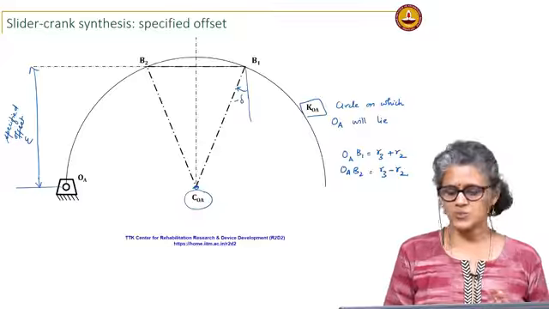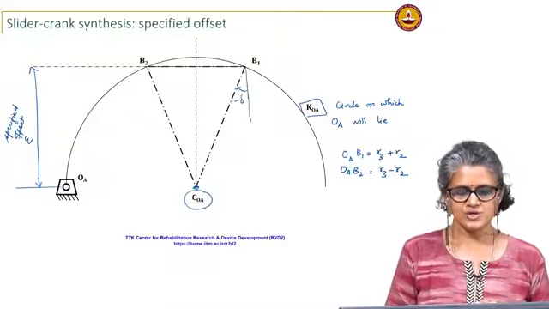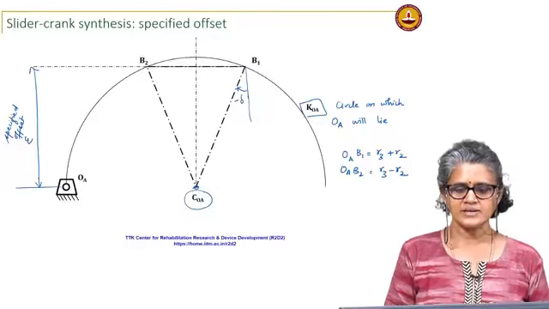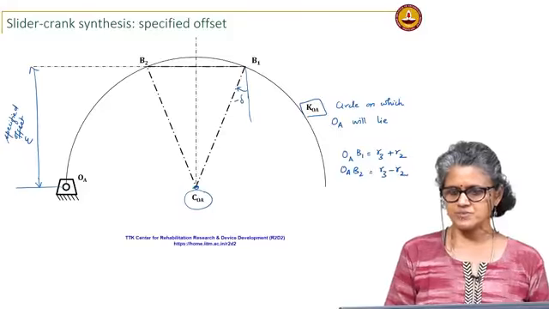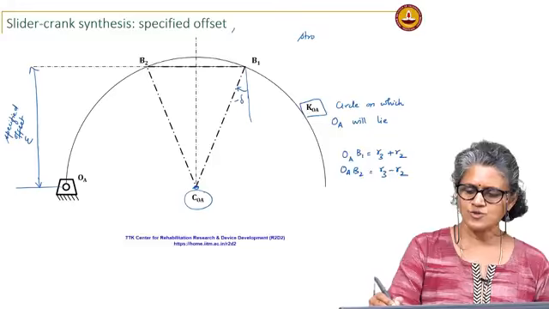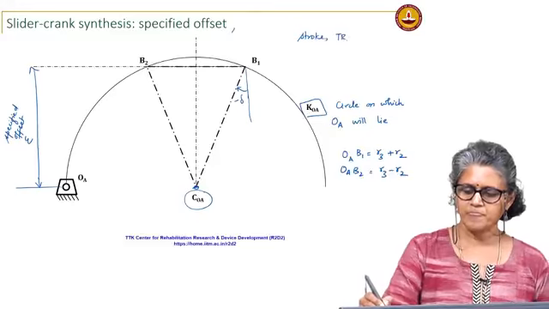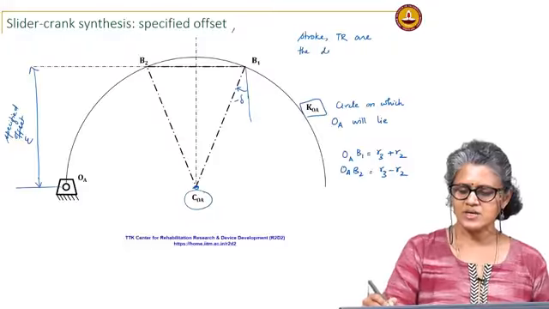So, this will give you the solution for a slider crank with a specified stroke and timing ratio. So, specified offset, stroke and timing ratio are the design parameters. That is what you are designing for.